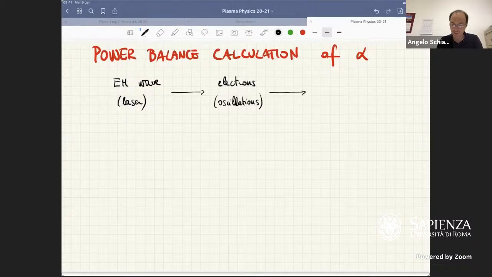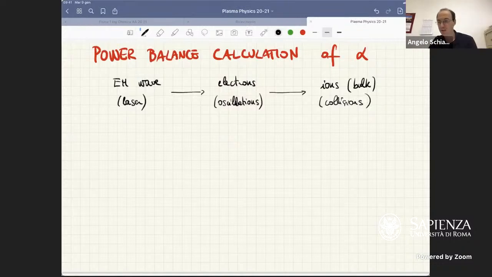So they finally will transfer energy to the ions. So this is the bulk of the plasma, where we want to absorb and store energy. And the mechanism for this is the collision. So again, the Coulomb collision that we studied at the beginning of our lectures.